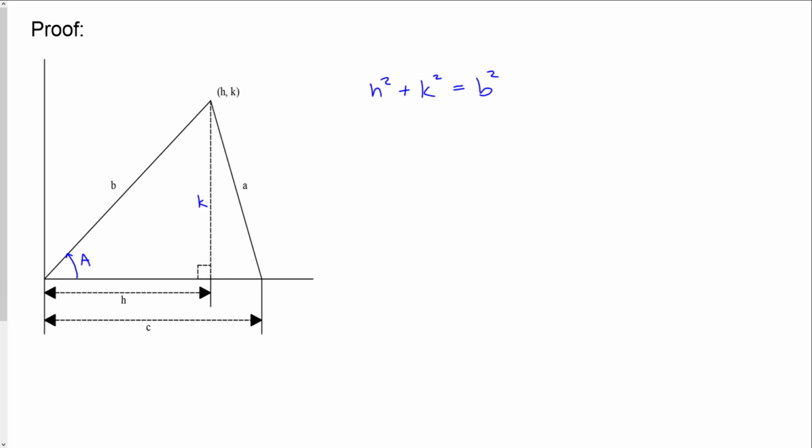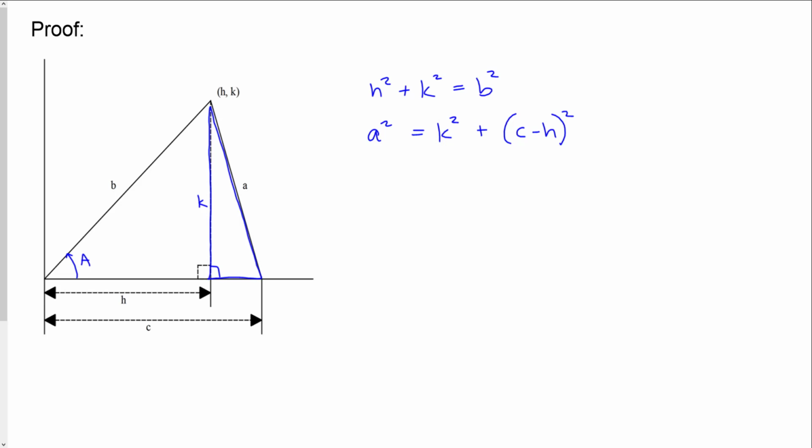And on the other side, I could say a squared is equal to k squared plus c minus h quantity squared. So why can I say that? Let's see. The triangle that I'm working with, first off, is this triangle right here, and it is a right triangle.